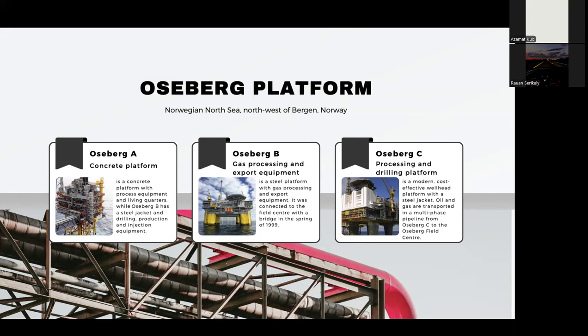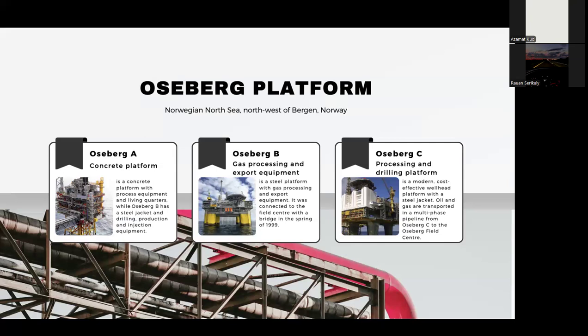While Oseberg B has a steel jacket and drilling, production, and injection equipment. Oseberg B is the gas processing and export platform, a steel platform with gas processing and export equipment. It was connected to the field center with a bridge in the spring of 1999.